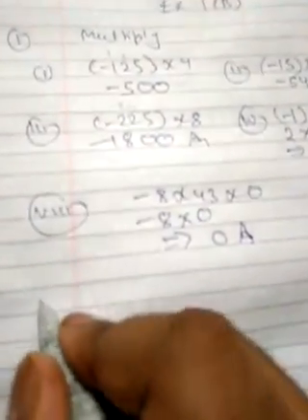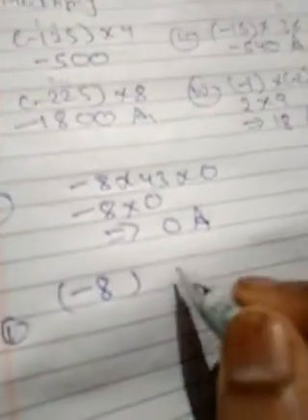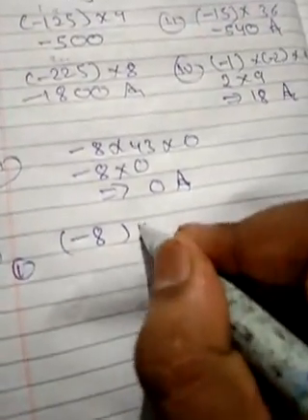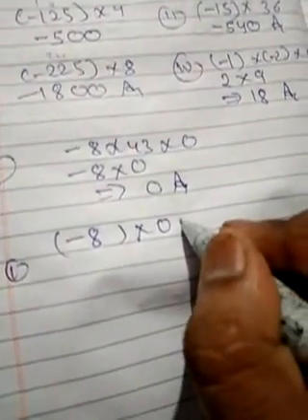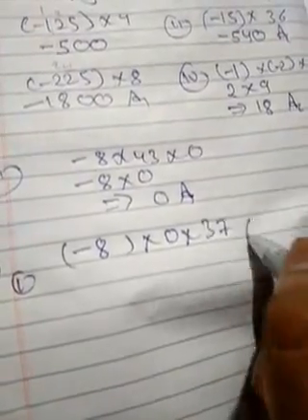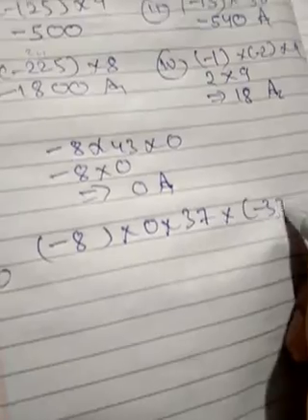Now, move to another question. Question number 2, first part. You have to solve minus 8 into 0 into 37 into minus 37.